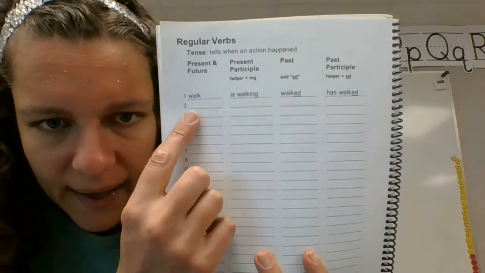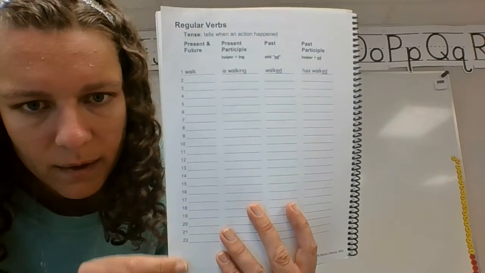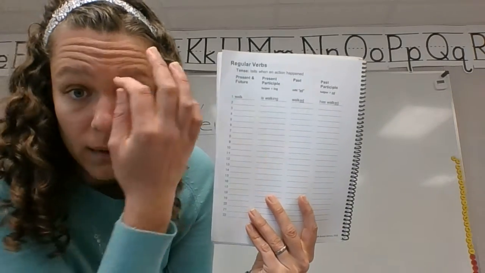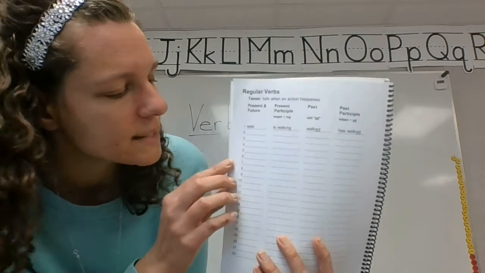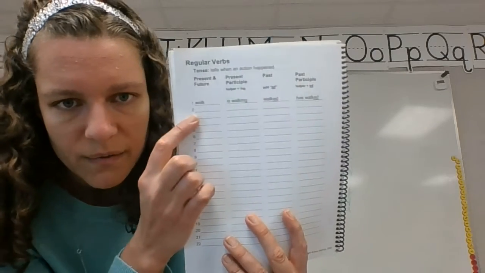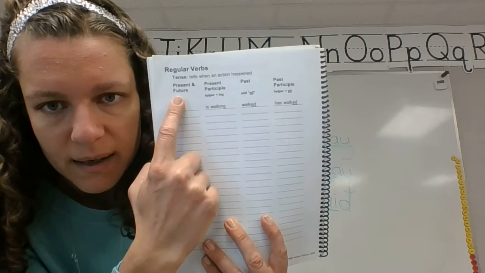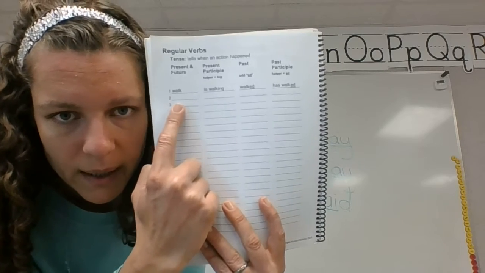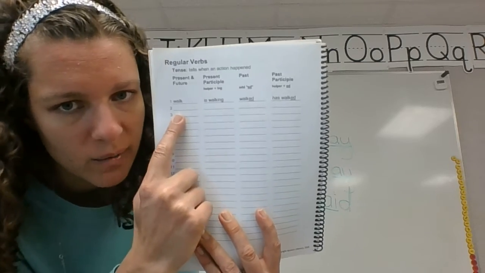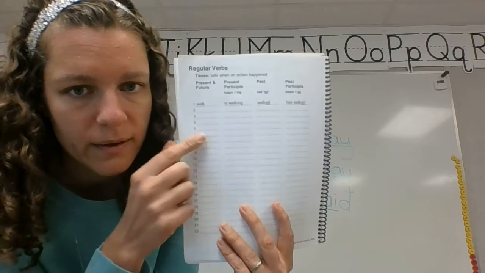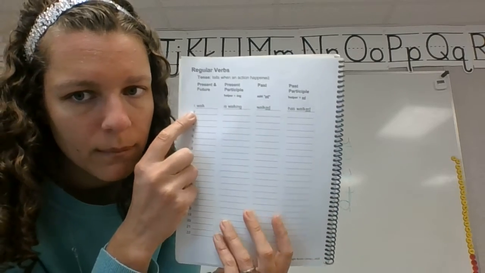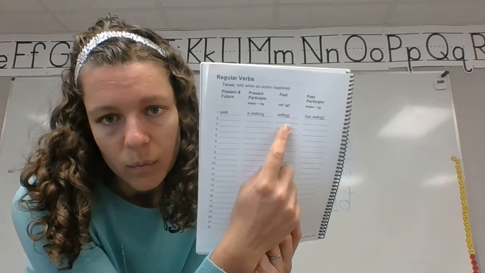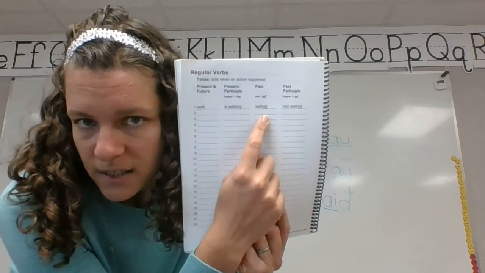So go ahead and whatever your first available line is, we might not have put in any regular verbs. Uh-oh, we've got to practice that. So your first available line for the present and future tense, right, wash. I wash my dog. I will wash my dog, right? That's right now, or in the future we use wash. In the past tense, I washed my dog last week.